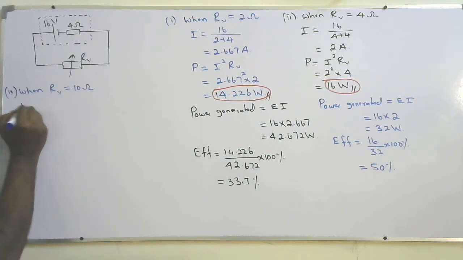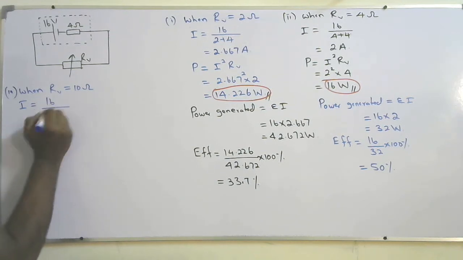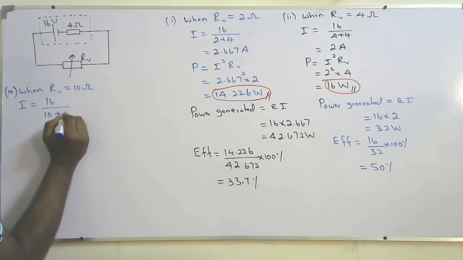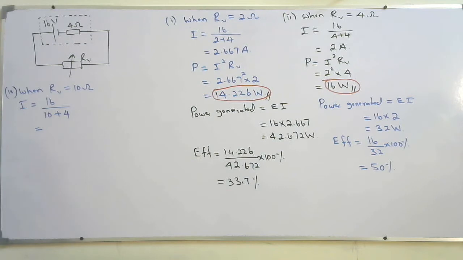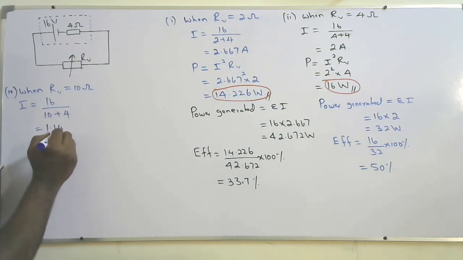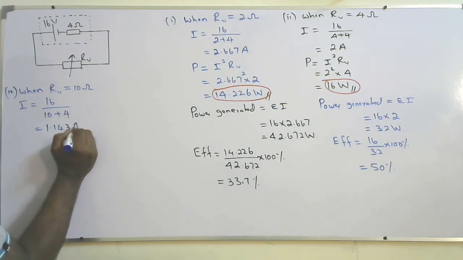With 10 ohms, current will be EMF over total resistance 10 plus 4, so that will be 16 over 14. The current flow will be 1.143 amperes.